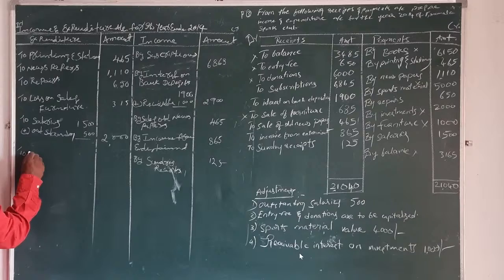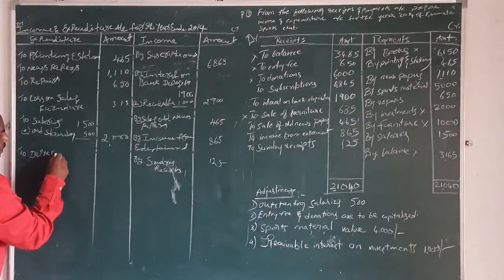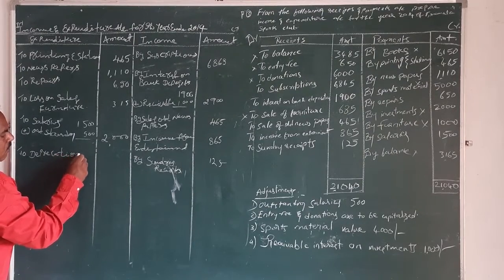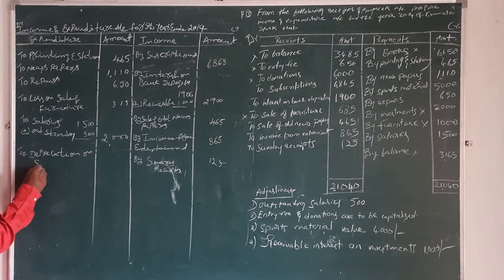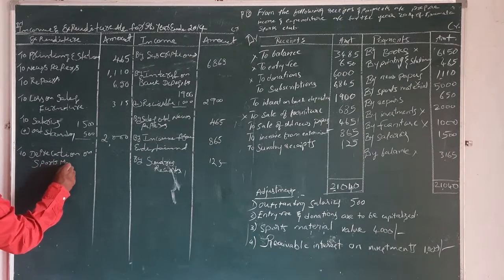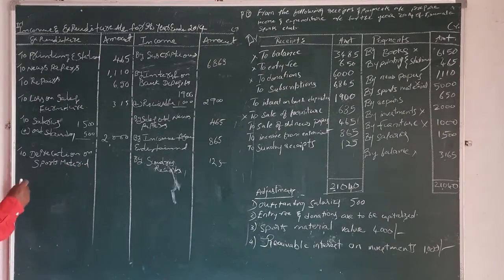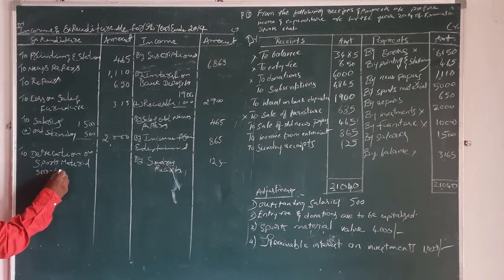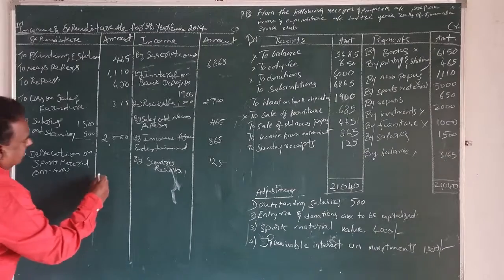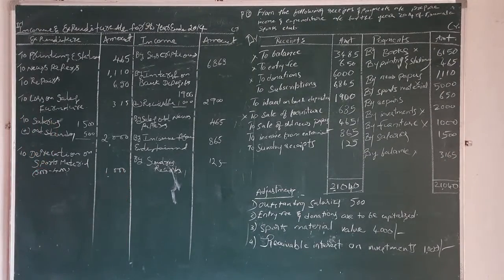To depreciation on sports material: opening balance 4,000 plus purchase 1,000 minus closing balance 4,000. 1,000 rupees is the net loss on depreciation of sports material.